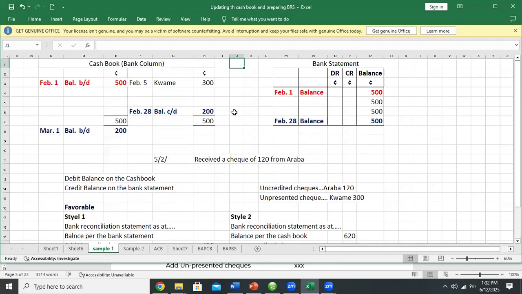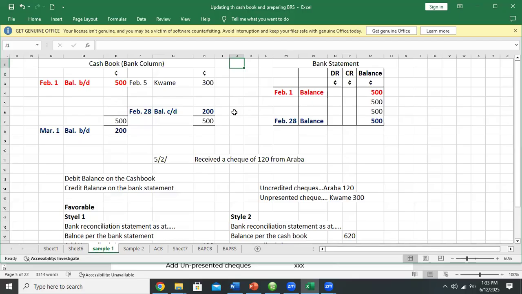Okay, so professors, the point I just made is that if you want to do the reconciliation, you have the option of starting with either the balance on the cash book or the balance on the bank statement. Now, let me use the relatable experience, that's the Momo experience. If your Momo balance is 200 in your head or in your notebook, you have written that the money I have in my Momo is 200.